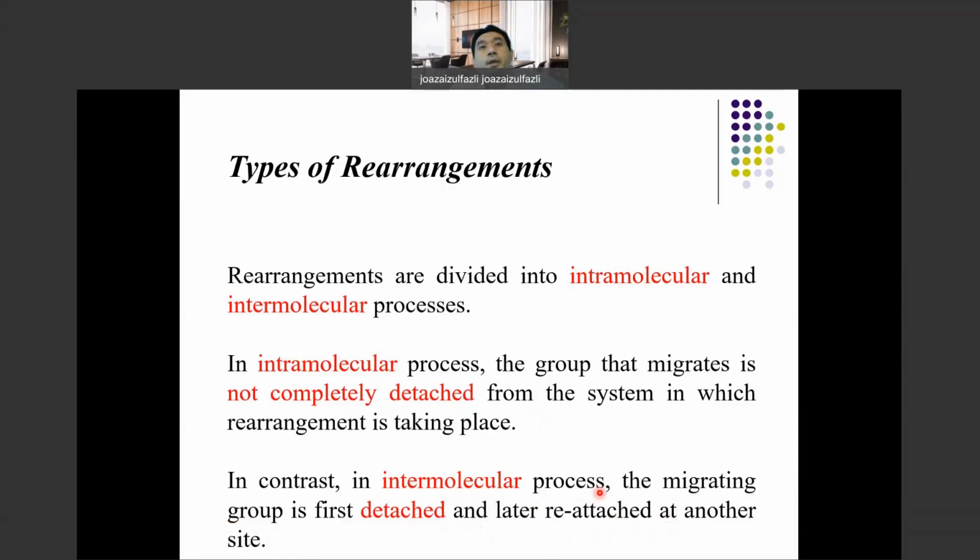That's why the migrating group is firstly detached and then reattached to the new molecule, to the other molecules.